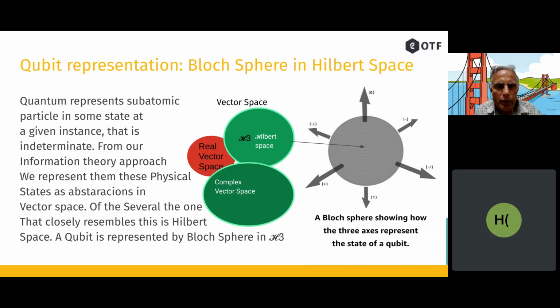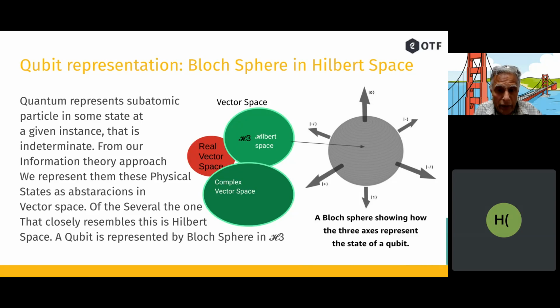Now it can be n-dimensional. We are looking at 3 dimensions here. That is why it is H3, the calligraphic way of writing H3, Hilbert space. So the physical state is being abstracted and represented in the Hilbert space.